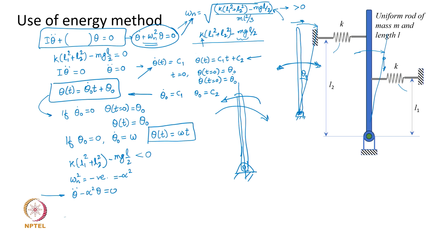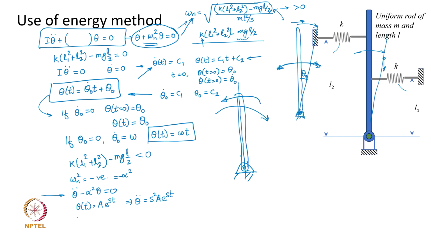We know that I can assume a solution of theta as, let us say, a e to the power s t, the root s being assumed, and then obviously theta double dot will give me s square a e to the power s t. We did this in the undamped vibration case earlier.